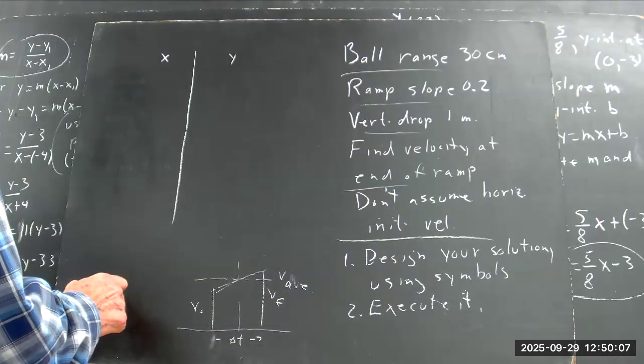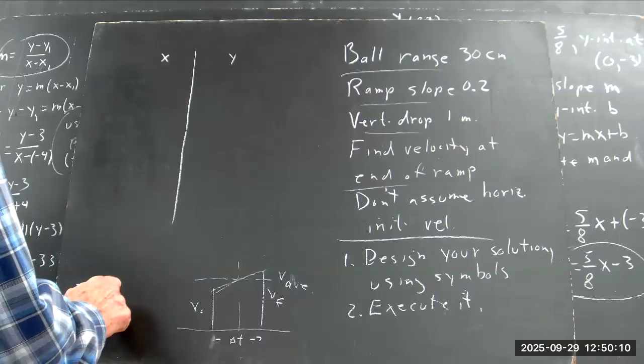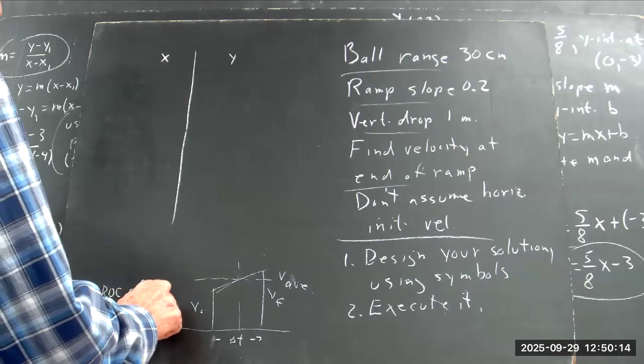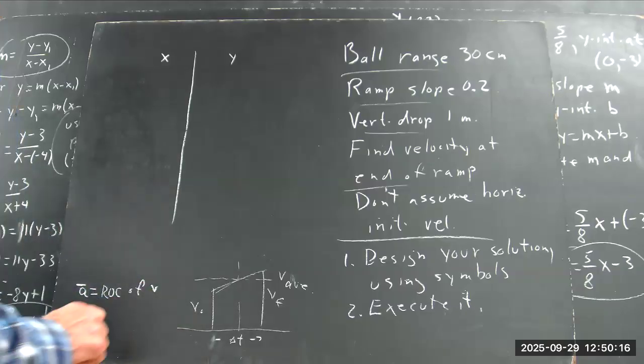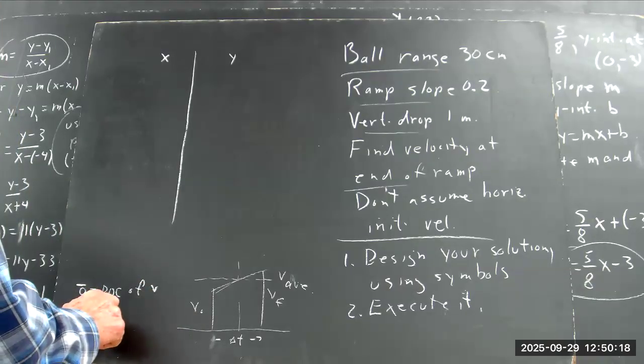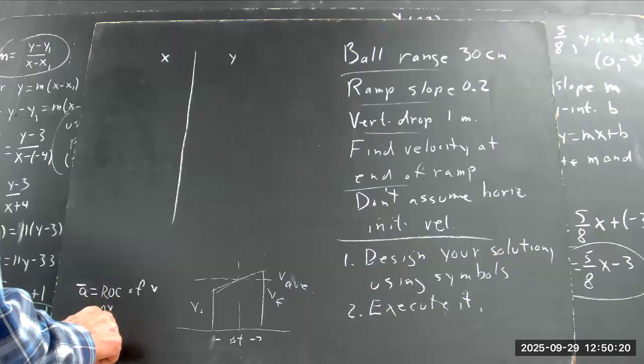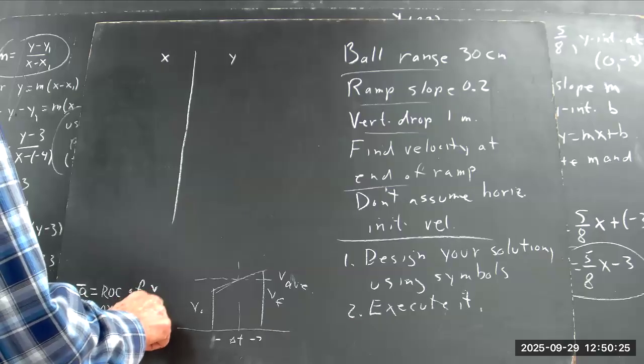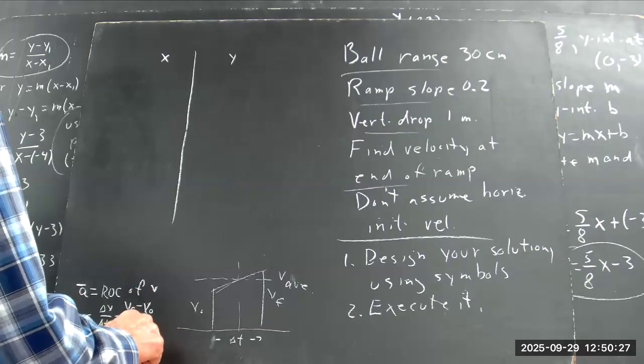So the average acceleration is the rate of change of velocity, which equals delta V over delta T, which is VF minus V naught over delta T.